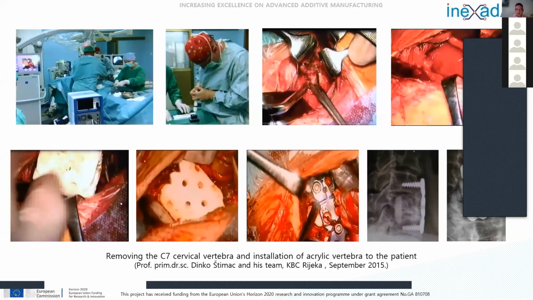And here you can see the steps in the surgery, during the surgery, in production of the implant. Here you can see a surgeon inject the PMMA inside the mold, and after a few minutes, when the material is cured, he can open the mold, adjust the implant, and build it into the patient. And here is the implant inside the patient.